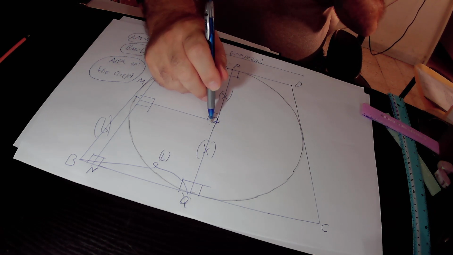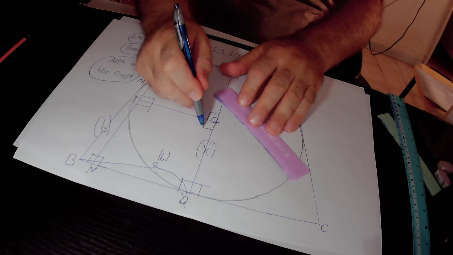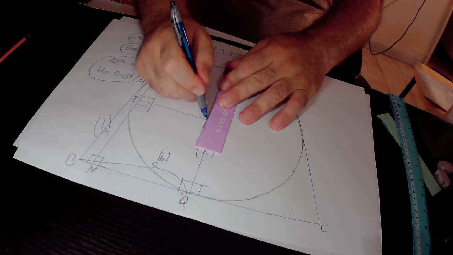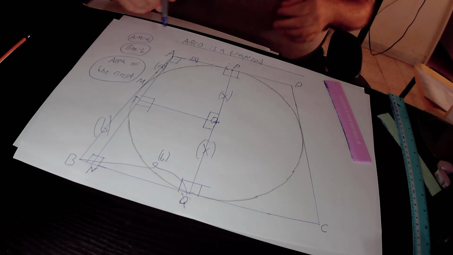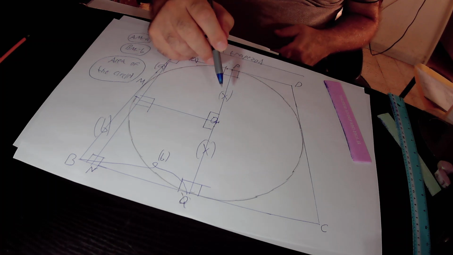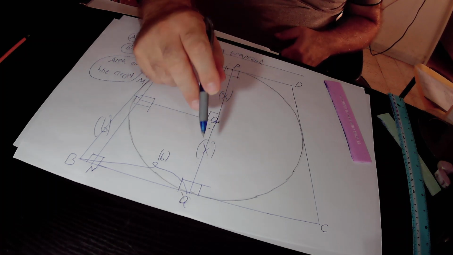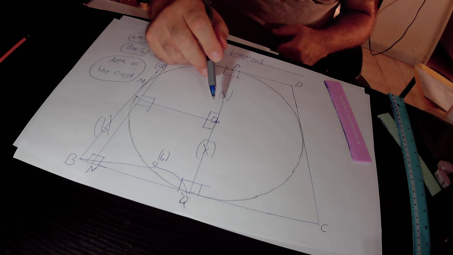Therefore, this fourth angle must be equal to 90 degrees in its size. So the big angle POQ, in total, is equal to 90 degrees plus 90 degrees, that is 180 degrees.